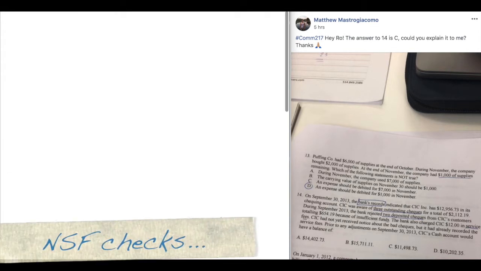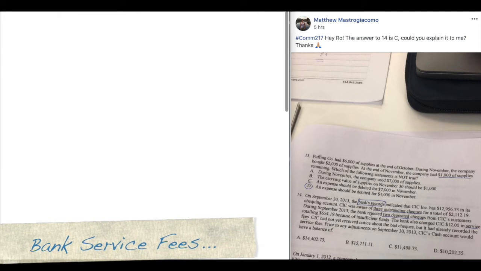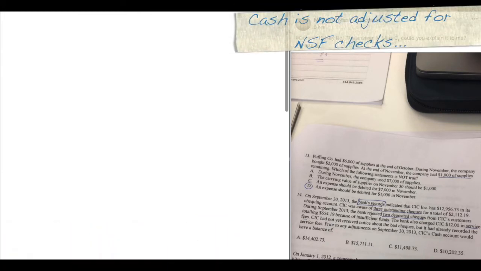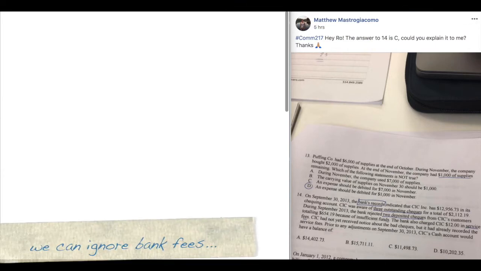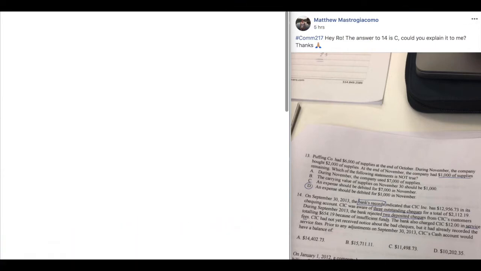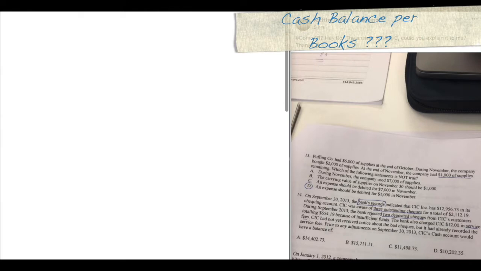During September 2013, the bank rejected 2 deposited checks from CIC's customers totaling $654.19 because of insufficient funds. The bank also charged CIC $12 in service fees. CIC had not yet received notice about the bad checks, but it had already recorded the service fees. Prior to any adjustments on September 30th, 2013, CIC's cash account would have a balance of.